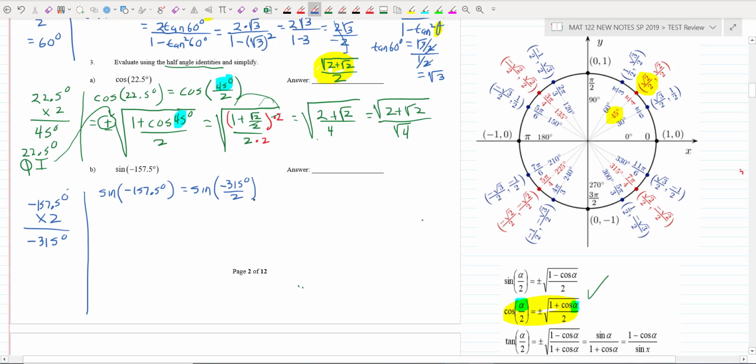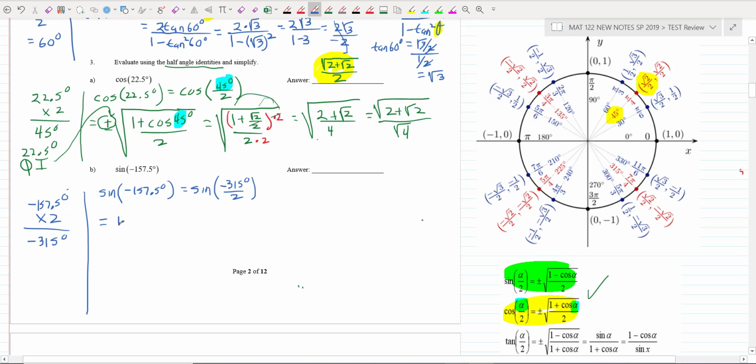All right. So now what's going to happen is we're going to use the sine identity, and here's the sine half-angle identity, which just has 1 minus cosine instead of 1 plus cosine. All right, so this goes in like this. So let's go ahead and write it down.